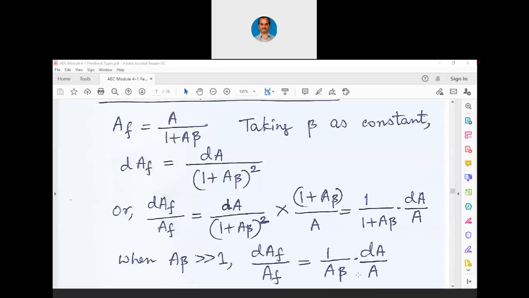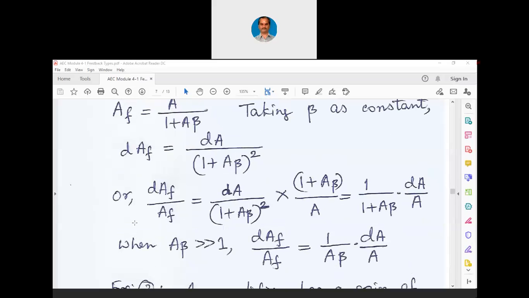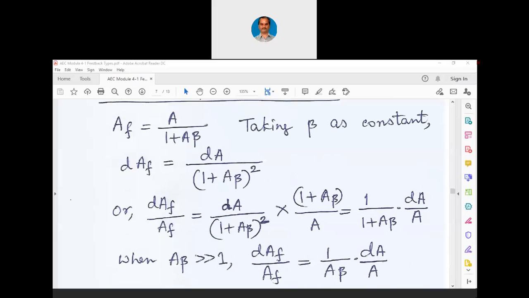That means now the gain is reduced by A beta times when compared to the open loop gain. Now this is how we can say the gain is becoming stable, in the sense with respect to the open loop gain, the closed loop gain is reduced by a factor of A beta.